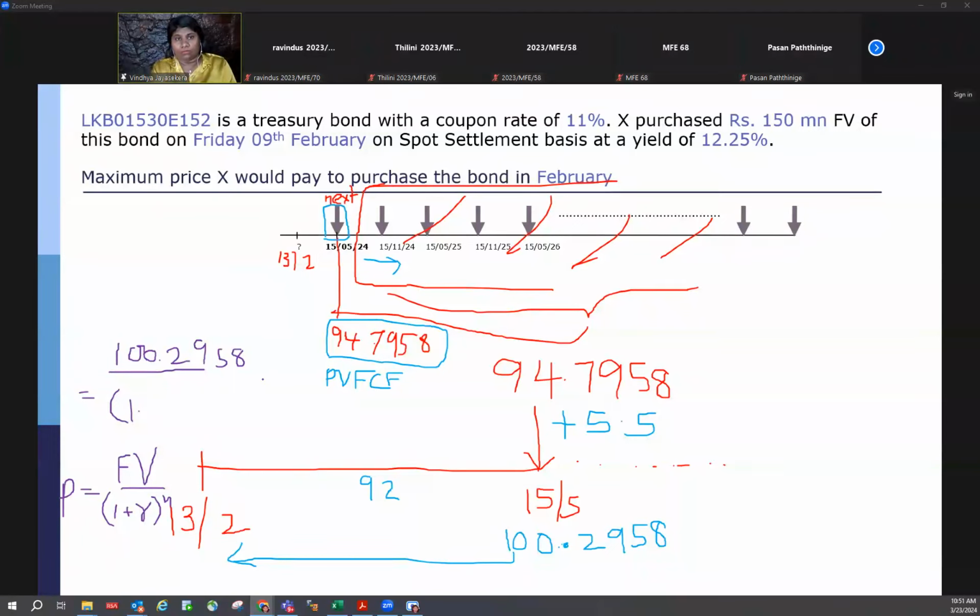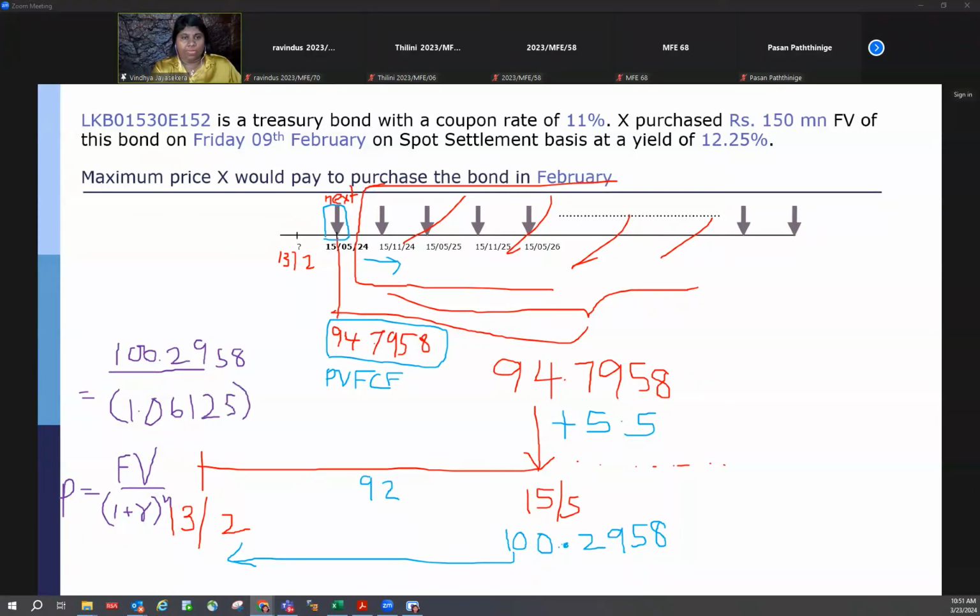Okay, so therefore, what is r for the period? 0.06125, correct. That is 12.25 divided by 2.